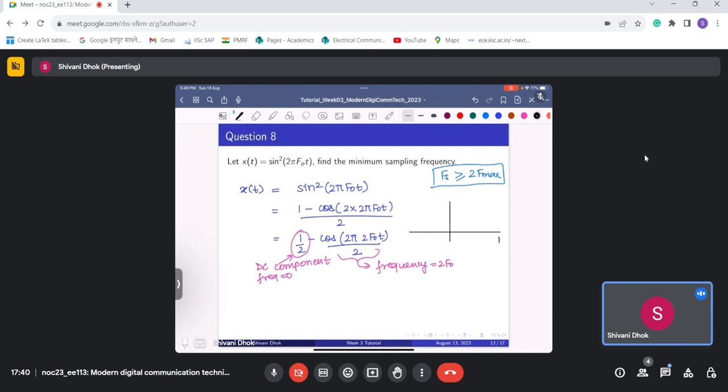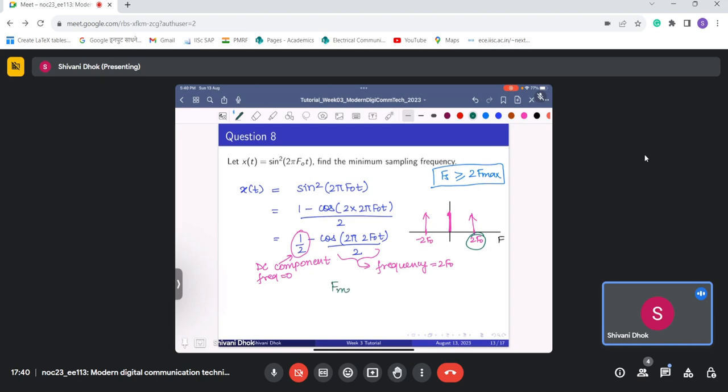If you try to plot its Fourier spectrum, what we obtain is something like this. This is f. I'll have this DC component here, 1 by 2, and one impulse here and another impulse here, located at plus minus 2f0. So the maximum frequency of this signal is 2f0.